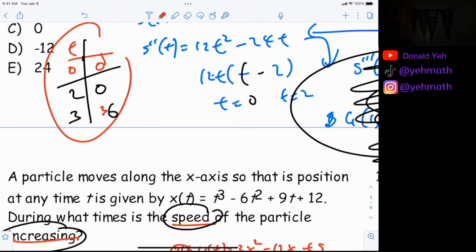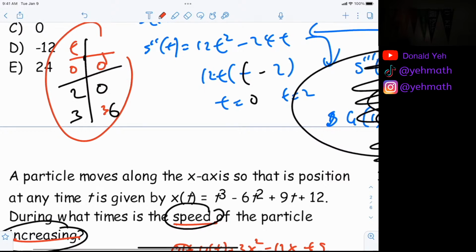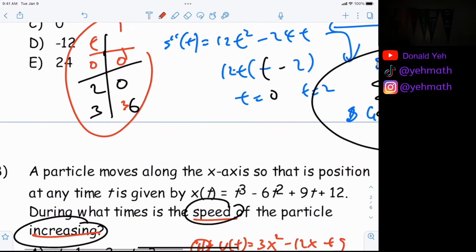That means acceleration and v of t must be what? Not opposite, the same sign. Okay. So can you do this one now? You had to do two number lines and compare whether those two number lines are right or not.